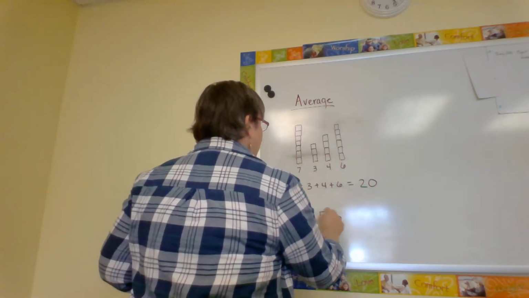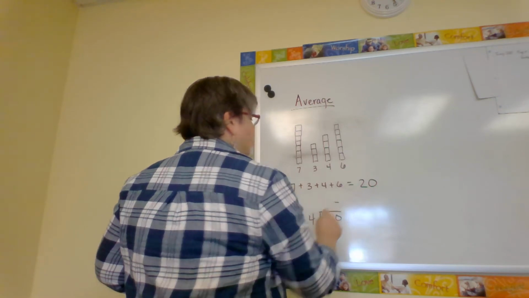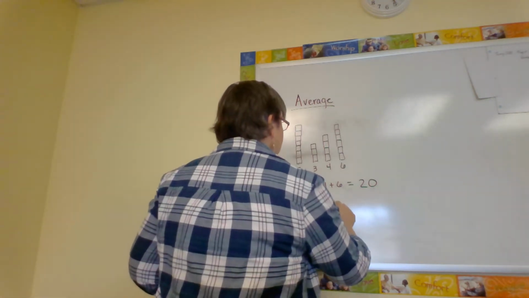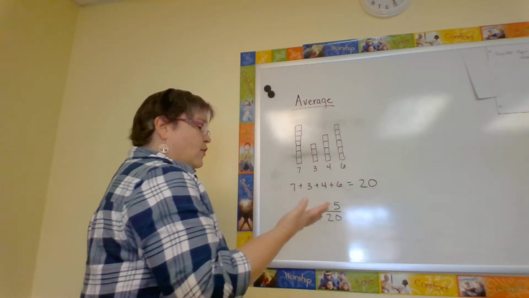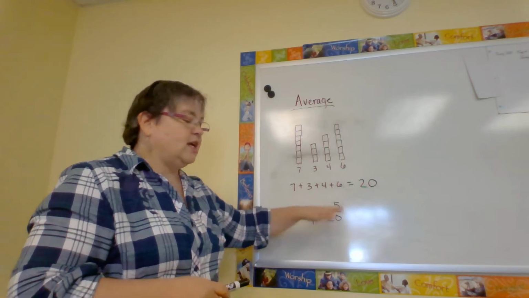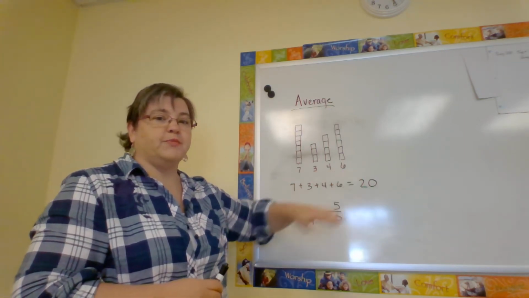We divide 20 by 4. What was in each stack? 5. So we go 4, 8, 12, 16, 20. 4 into 20 is 5. You found the average of those 4 numbers.